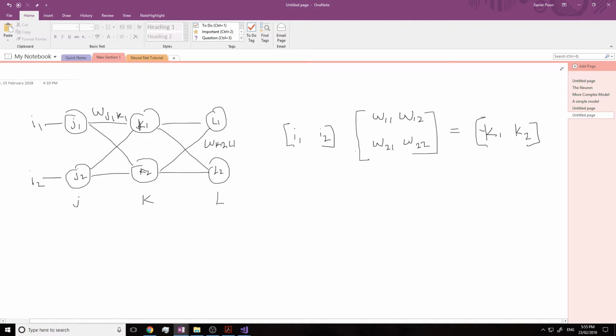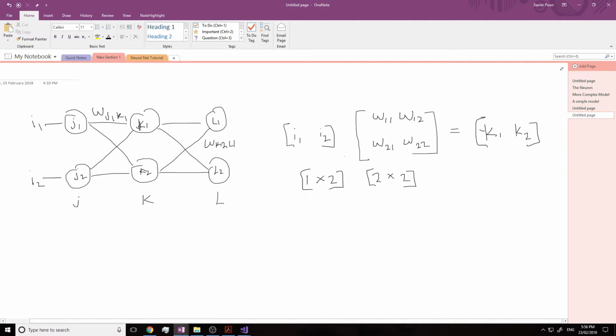It's because, first of all, how do you know you can multiply these two matrices together? Well, you look at the first matrix, you write down how many rows it has. Well, it has one row and it has two columns. So let's write that down. The second one has 2 rows, 2 columns. Now we look at the inside numbers that we just wrote.